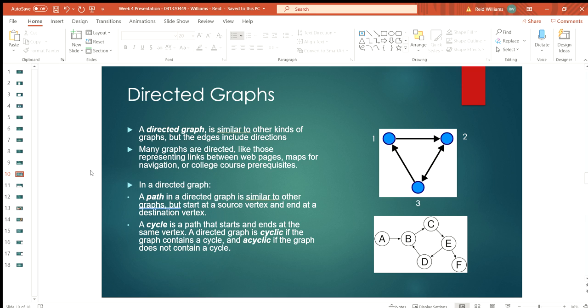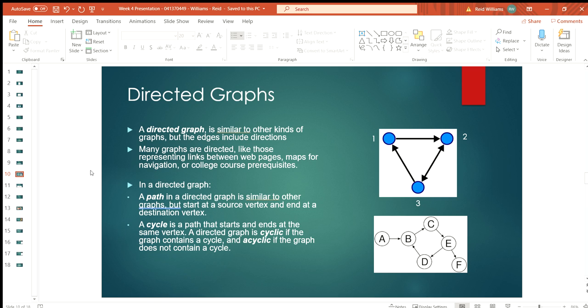So you can see on the top graph, 1 goes to 2, which goes to 3, which can also go back to 2, and then 3 goes to 1. You can't go from 1 to 3. Same with the graph below it. A to B to C to E to F, or to D to B. But if you get to F, you're kind of stuck. You can't really get back to E because of the way that this directed graph is associating itself.